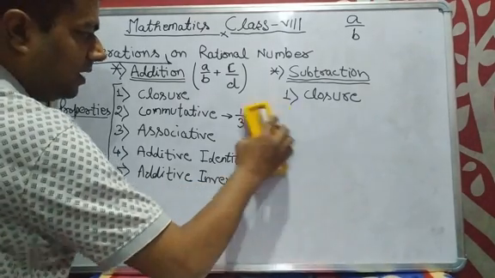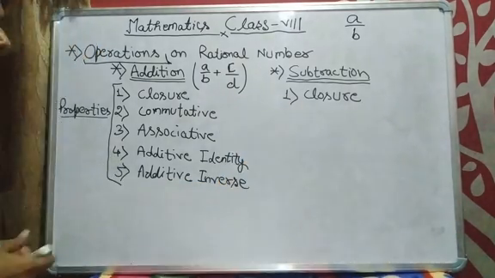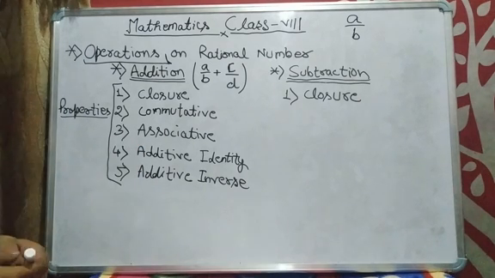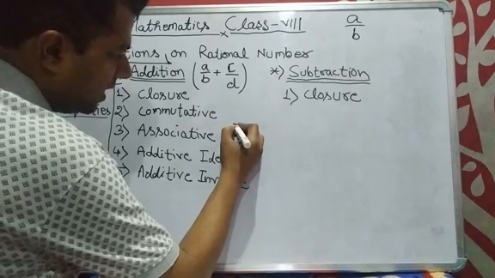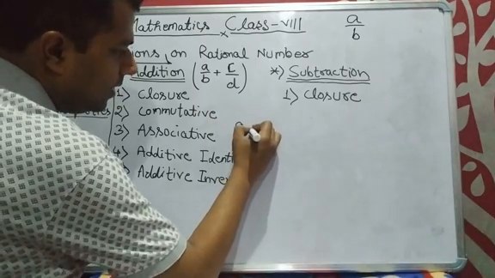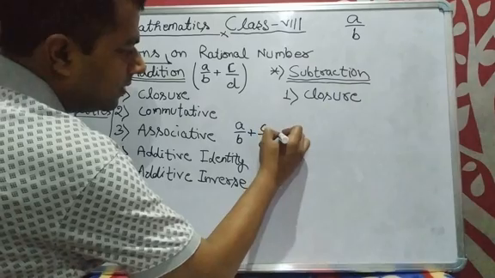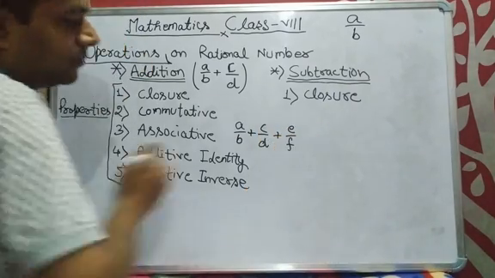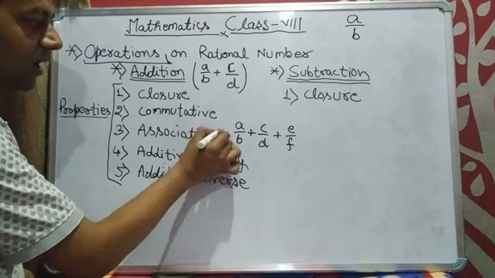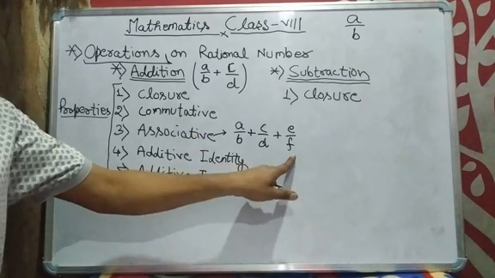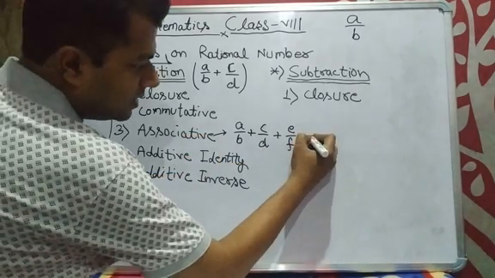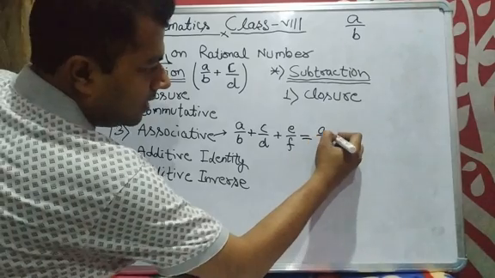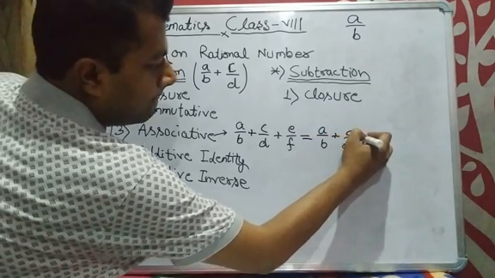Next property is the associative property. The associative property is applicable for more than two rational numbers. In mathematical notation: A upon B plus C upon D plus E upon F. We are taking three rational numbers here, first, second, third, and the associative property says the result must be equal.